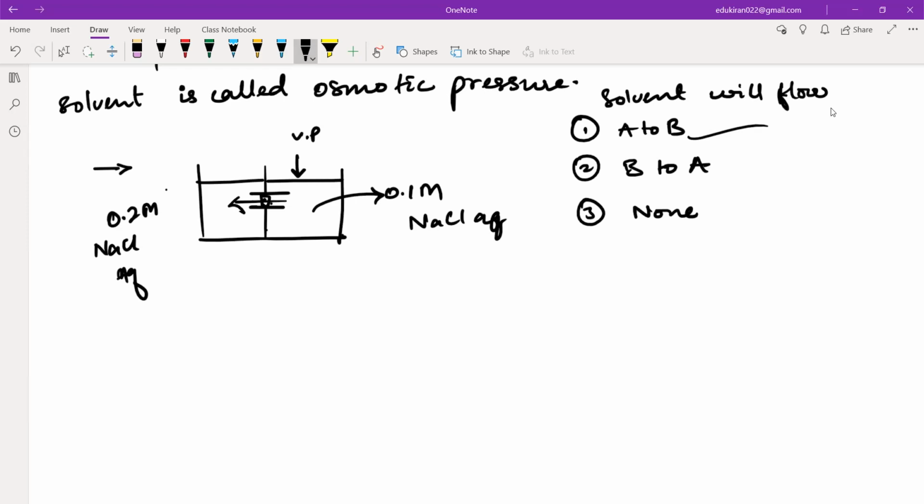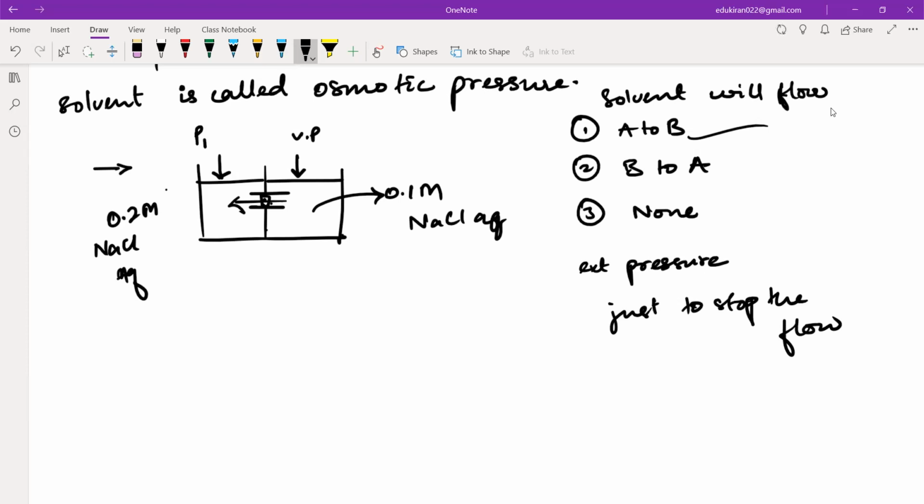Achha, if I add some external pressure here, just to stop the flow, I'm adding an external pressure just to stop the flow. Here I will apply the pressure P1. Okay, we have another case.